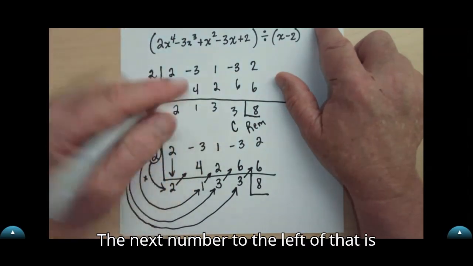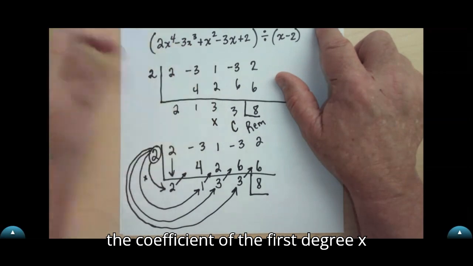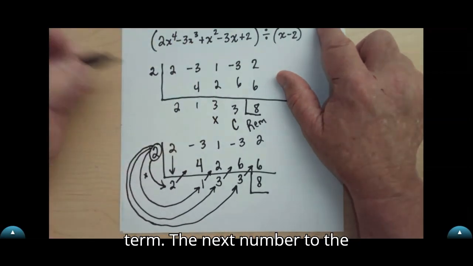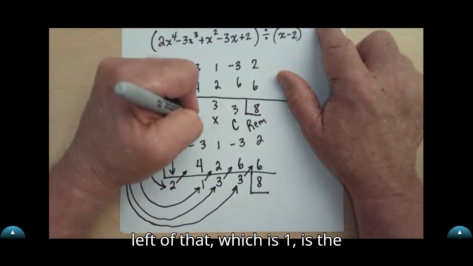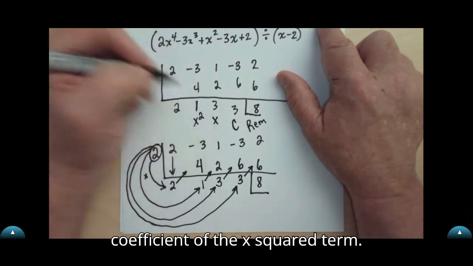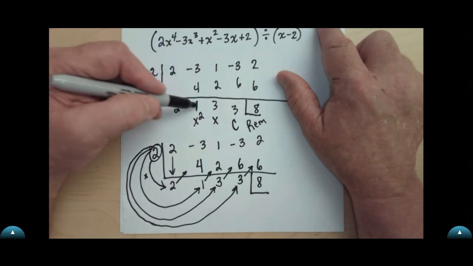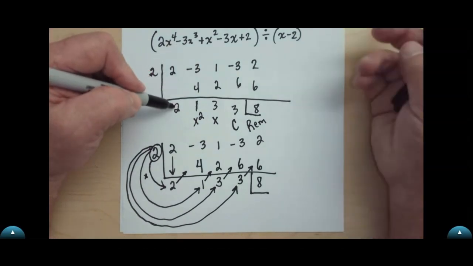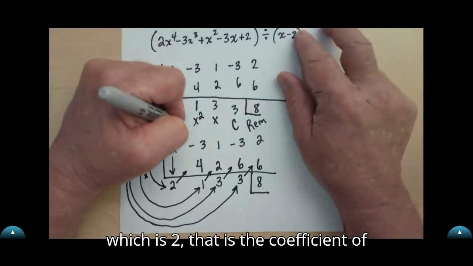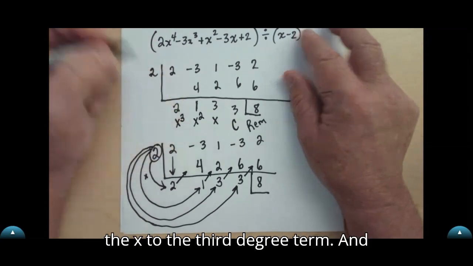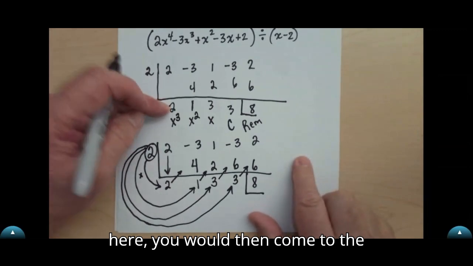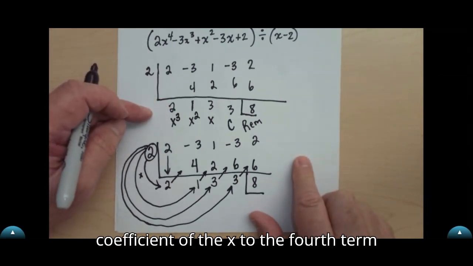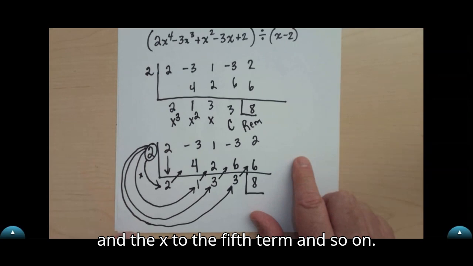The next number to the left of that is the coefficient of the first degree x term. The next number to the left of that, which is 1, is the coefficient of the x squared term. The next number to the left of that, which is 2, is the coefficient of the x to the third degree term. And of course, if there were more numbers out here, you would then come to the coefficient of the x to the fourth term and the x to the fifth term and so on.